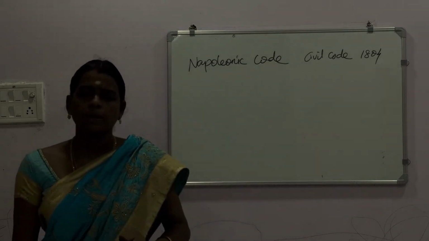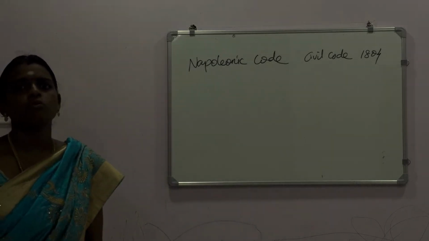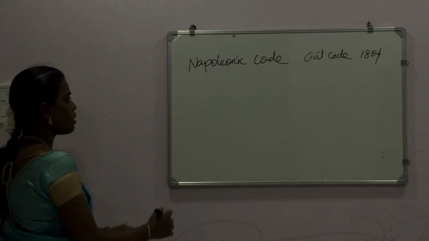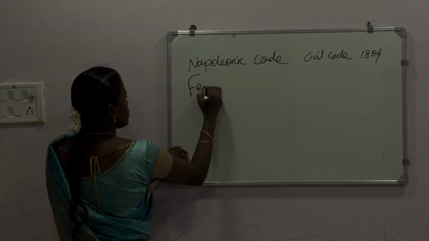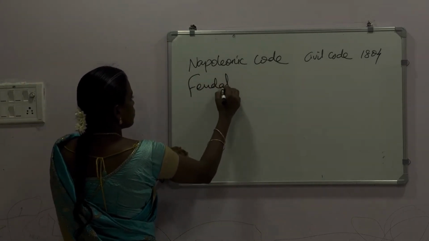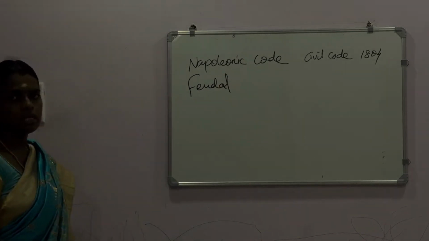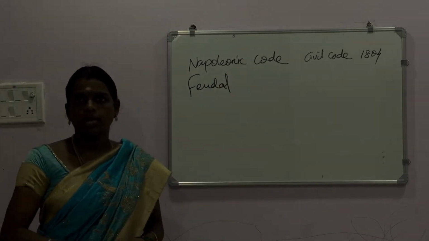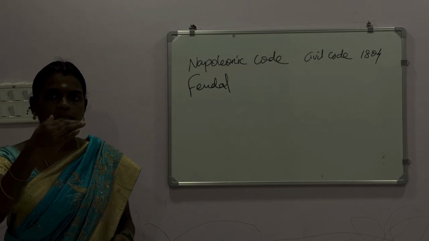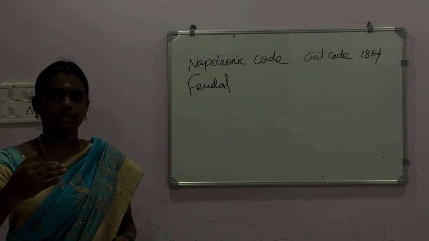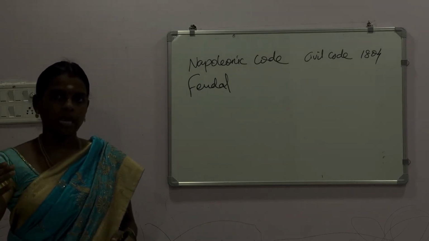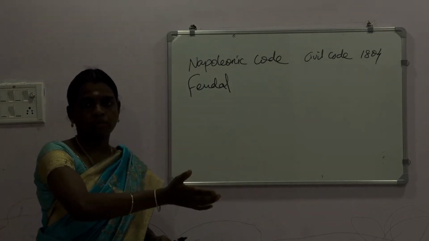The first thing is that the feudal system was abolished. What is a feudal system? Actually, there was a landlord, and under the landlord, tenants took the land and did agriculture, and they had to pay taxes to the landlord.